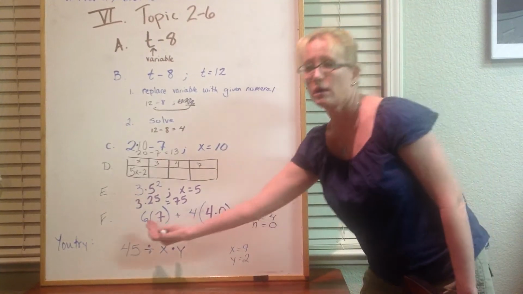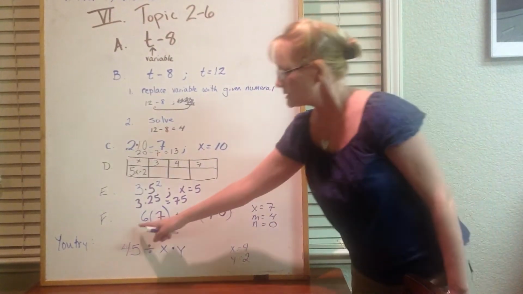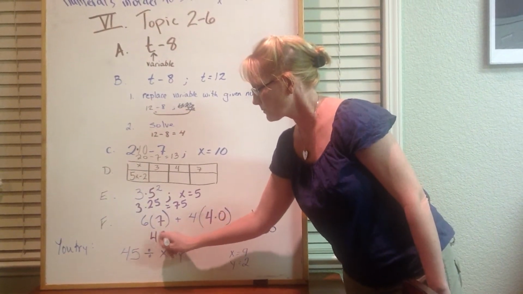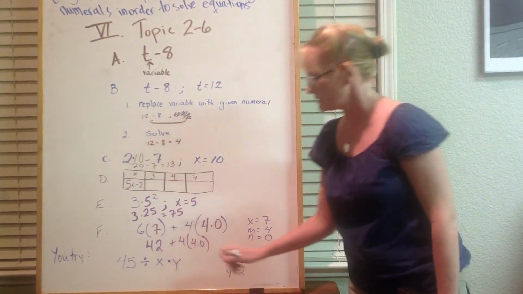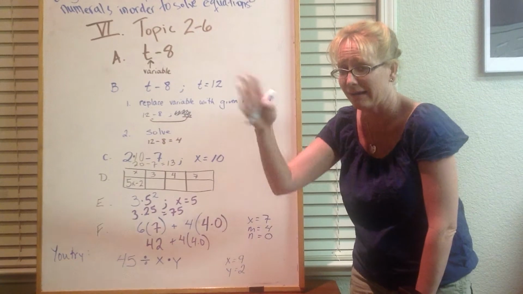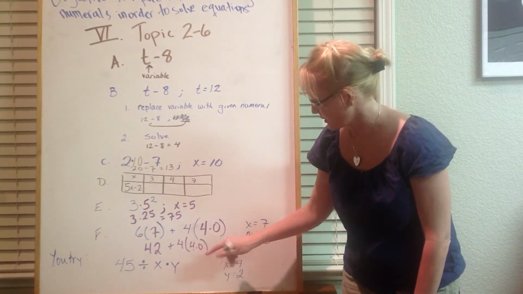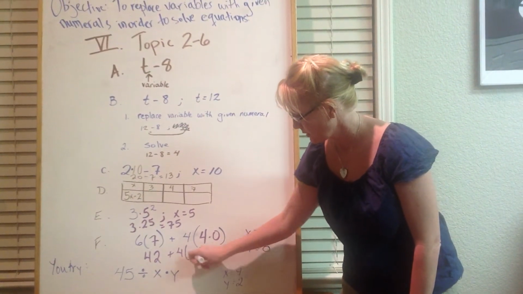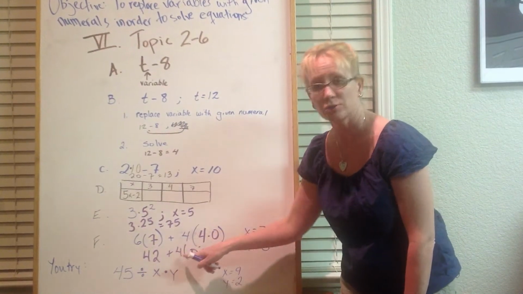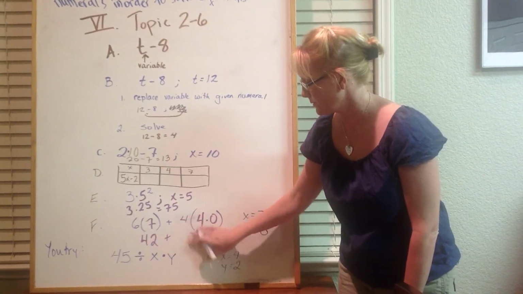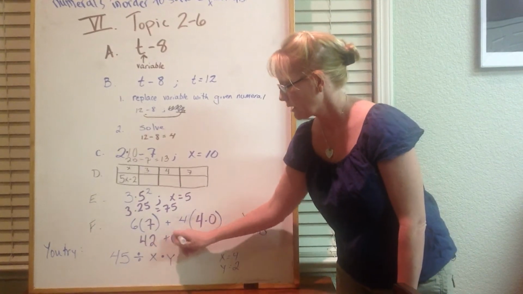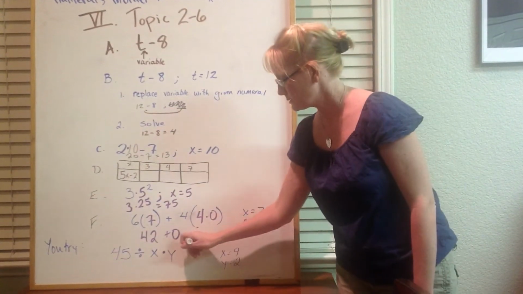And now we just solve going left to right. 6 times 7 is 42. Now should I add it to the 4, or should I do the stuff in the parentheses? Oh, I should have done that first. 4 times 0 is 0. And now, should we add or should we do the multiplication? We should do the multiplication. So 4 times 0 again is 0. And 42 plus 0 is 42.